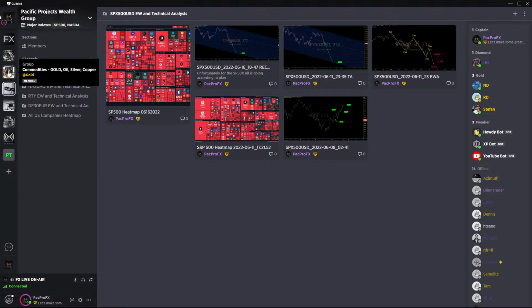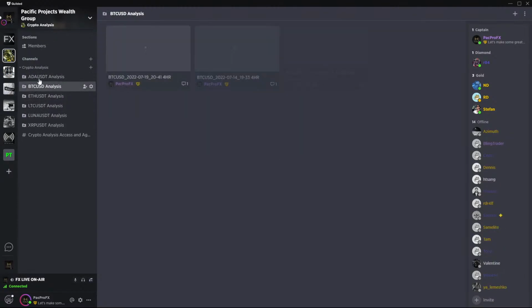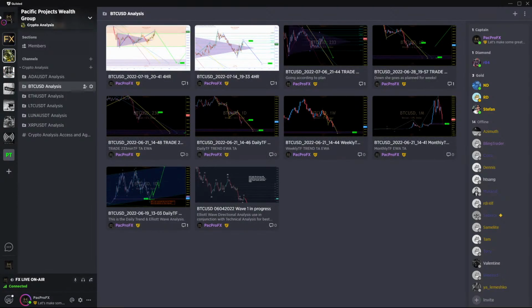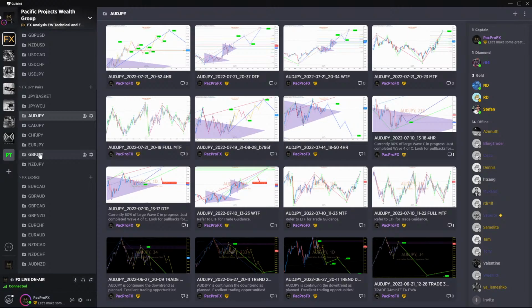We do carry, I do cover, 6 different cryptos right now. That may expand depending on our members. And on the FX side, I pretty much carry almost every single one, as long as the major ones, and some of the exotics as well, because I have some members that are overseas and they prefer to trade the exotics.